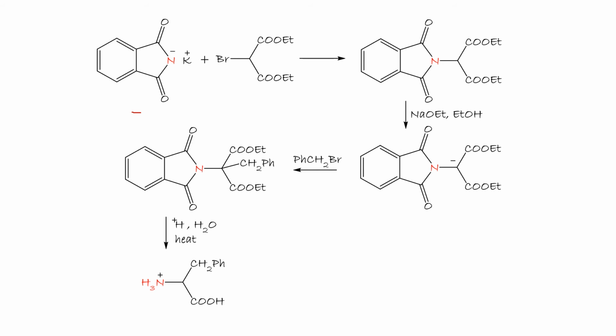Well, if we started with potassium phthalimide reacted with diethyl bromomalonate, you get this species again. As we mentioned, here is the acidic hydrogen. Sodium ethoxide in ethanol will form the anion, followed by reaction with benzyl bromide, a nucleophilic substitution reaction to form the benzyl in here.